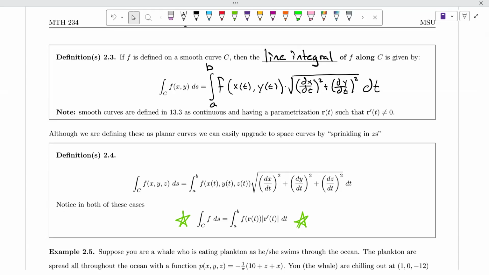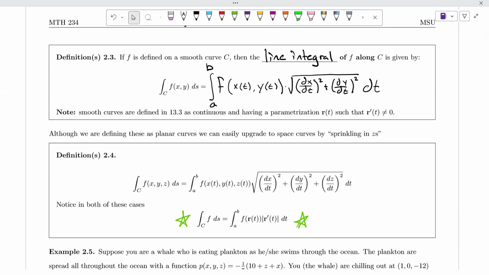The box below that, the other one that's on screen, is the one that shows what we're looking at in 3 space, where I've got x, y, and z instead of just x and y. But the one that I've got highlighted here, with the fancy looking green stars down there, is the one that I tend to just remember most of the time because it generalizes for any number of dimensions.